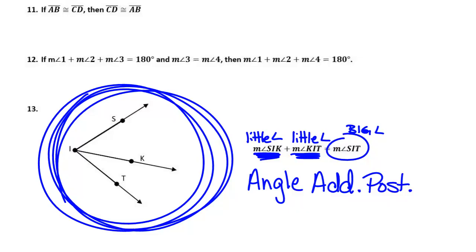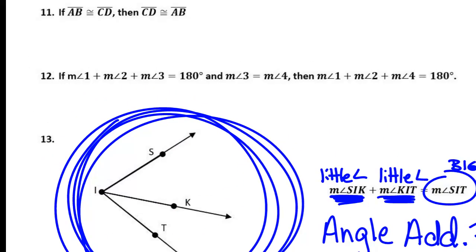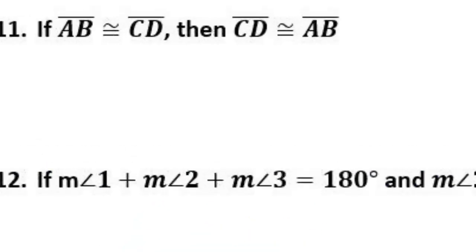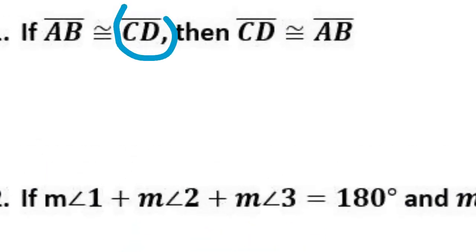Number 11, it has segment AB is congruent to segment CD in the if, and we want to look for what changed over here in the then. CD was on the right-hand side. It didn't change at all, but it did flip to the other side.